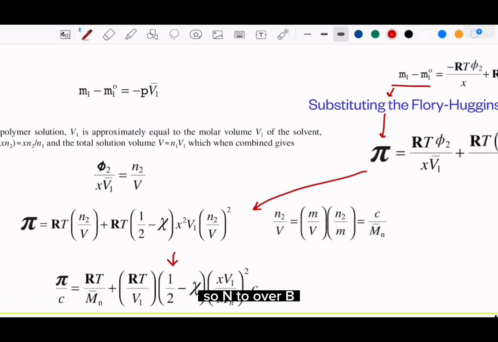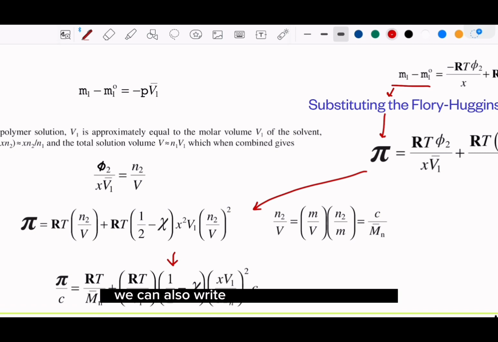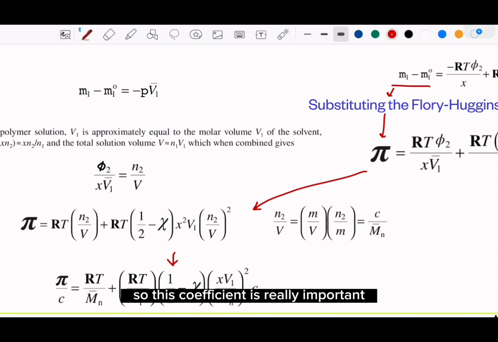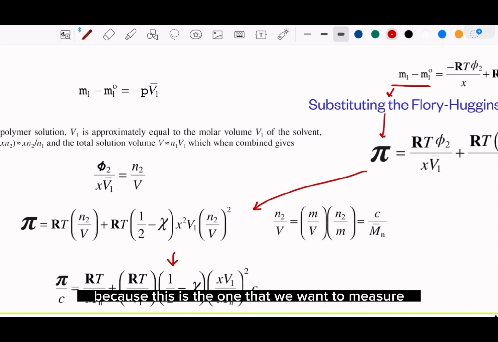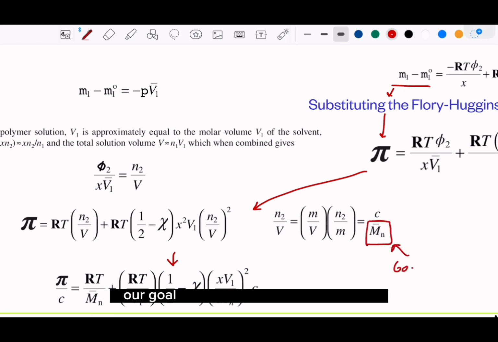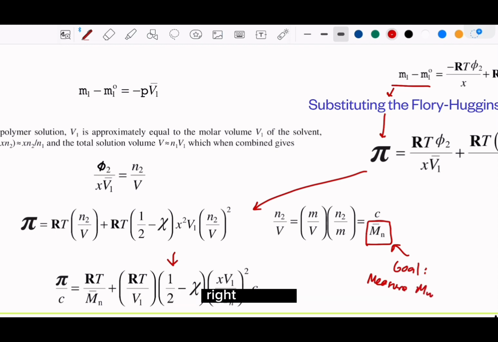So N2 over V, we could also write in a more meaningful way because we can relate it to this coefficient. This coefficient is really important because this is the one that we want to measure. So our goal is to measure the molecular weight, right?